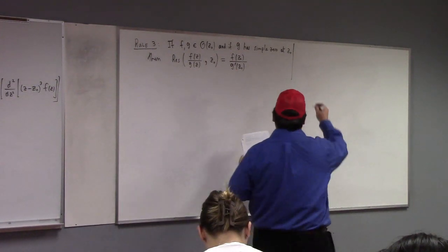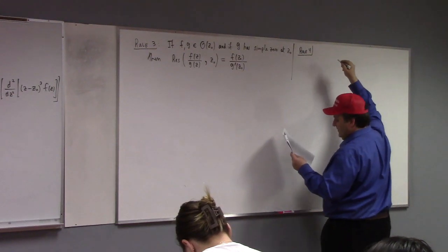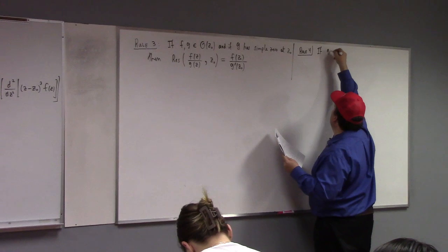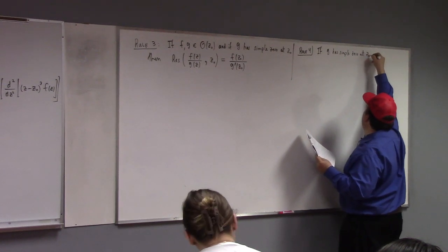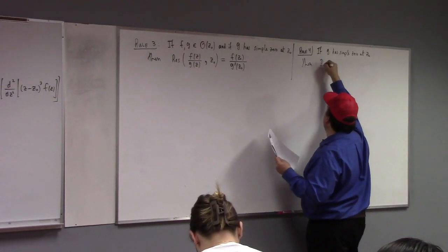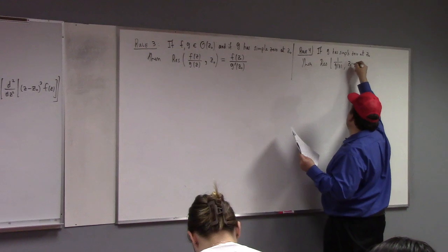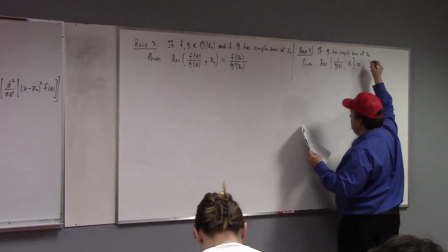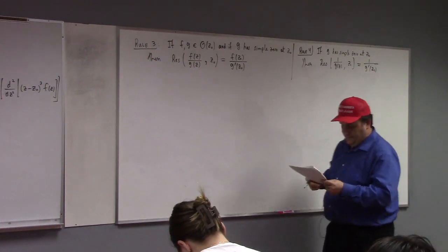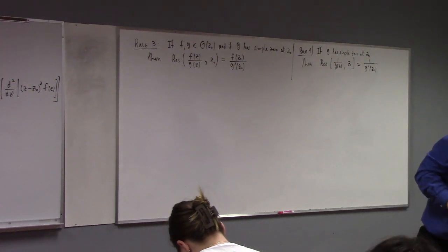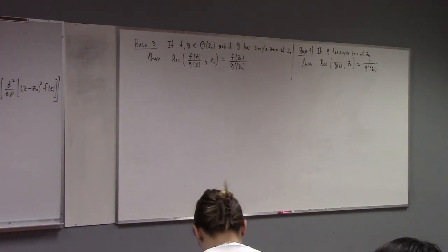Rule 4 says that if g has a simple 0 at z naught, then the residue of 1 over g of z at z naught is simply equal to 1 over g prime of z naught. All right? So let's see if we can prove this thing.